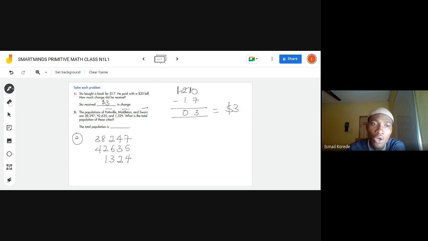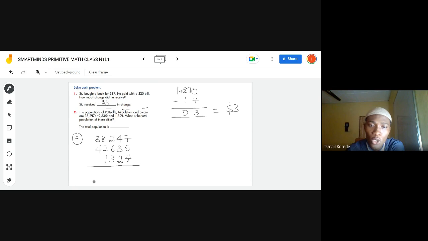It will be very wrong of us to write it like 1, 3, 2, 4, because 4 here is the unit. So it has to be 4 under units, 2 under tens, 3 under hundreds, then 1 under thousands. So it has to be in that order.